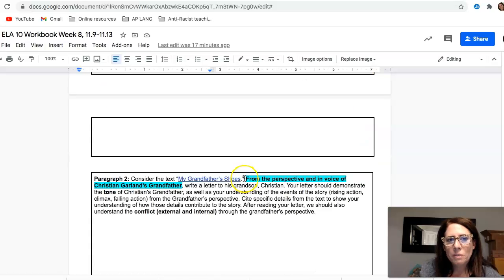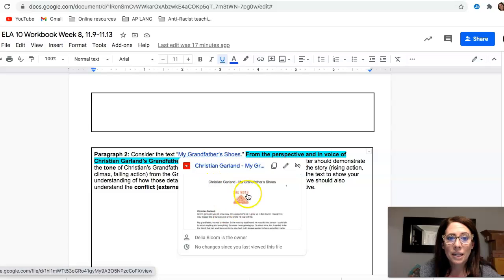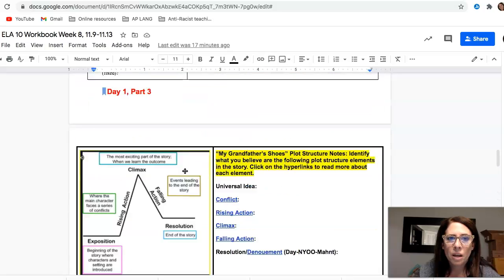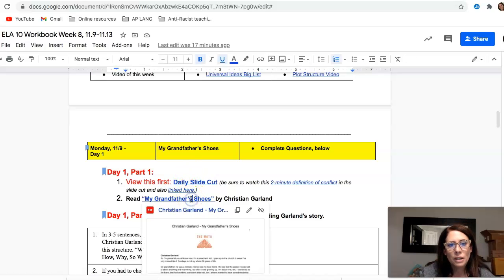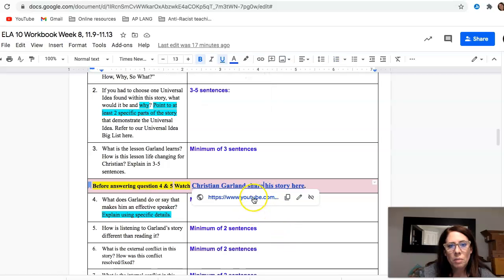But both of these paragraphs, the other paragraph is with this story called My Grandfather's Shoes, that we will be reading and that we will also be watching. So My Grandfather's Shoes is a story that we're working with on Monday and Tuesday. And if you go back up to Monday, here is the story in text, and here is the story on YouTube. And so definitely make sure that you have listened to and read that story.